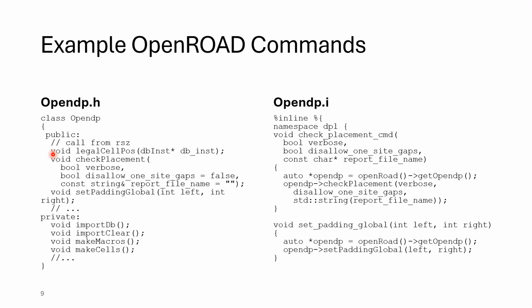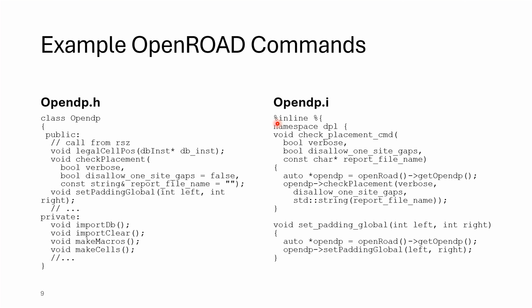We can see that there are 3 functions, for example, that are public: legalCellPlace, checkPlacement, and setPaddingGlobal. Then we also have several private functions, but we can tell right away that because these functions were declared private, we don't want to be exposing those to the user.